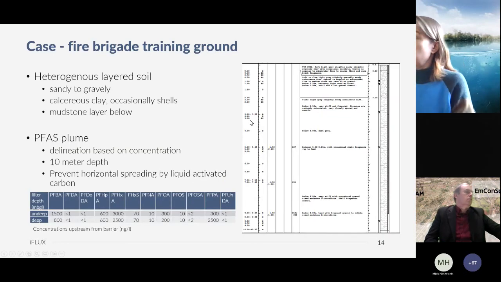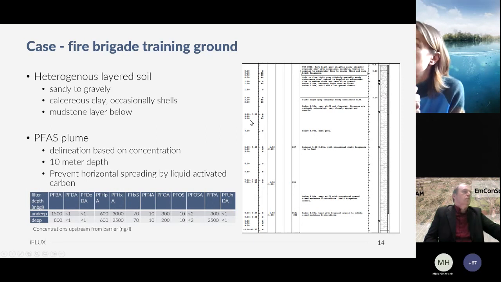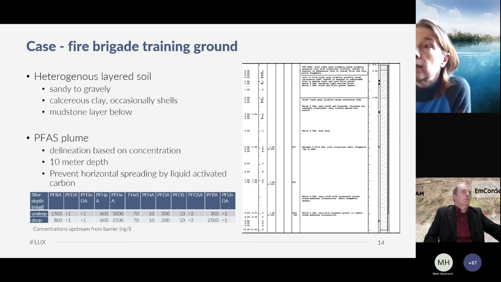A second case: there was a fire brigade training ground, with a very heterogeneous soil, and also here a barrier had to be installed to prevent further spreading of the contamination. The soil layers were very heterogeneous, going from sandy to gravelly material, calcareous clay with occasional shells, and vertically limited by a mudstone layer. In this case, the contamination was already delineated, also in depth.